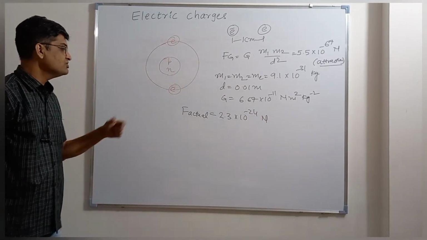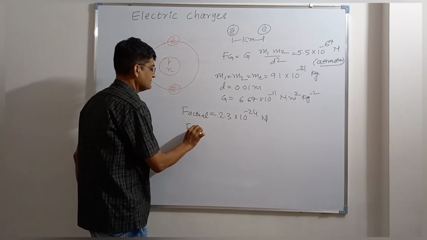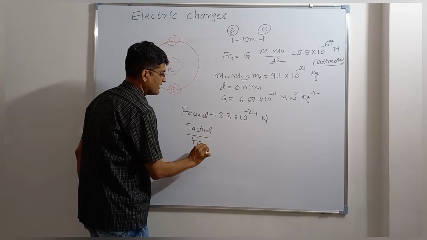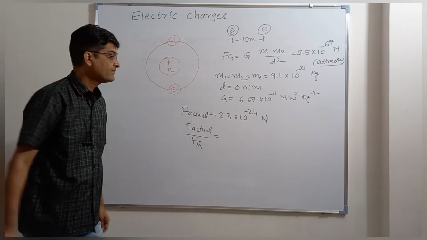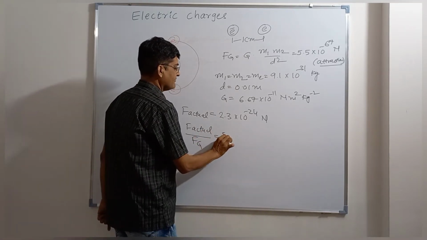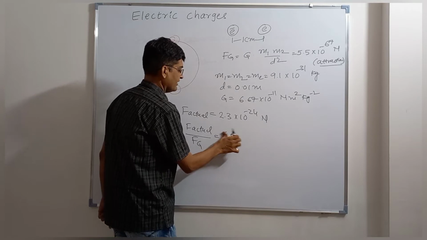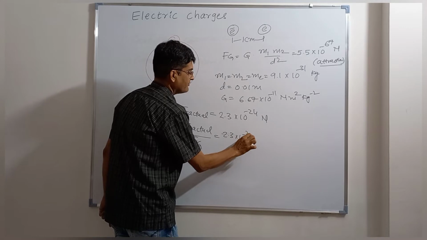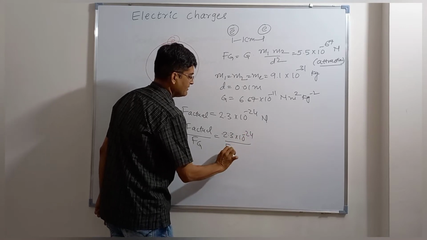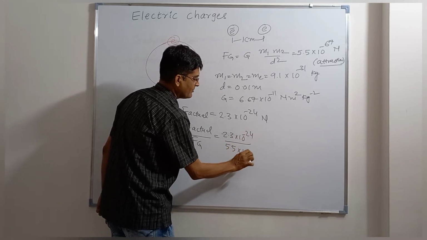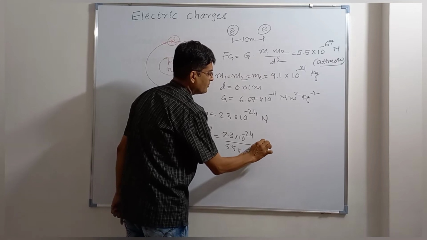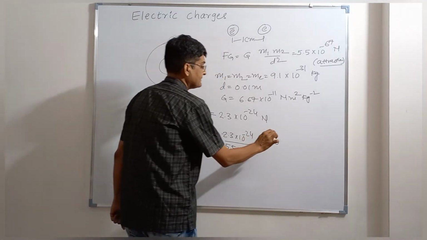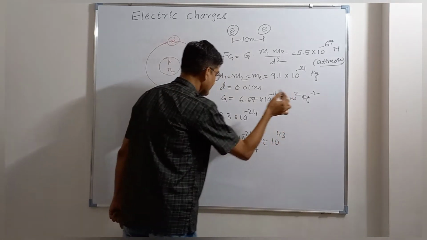So if I take the ratio of the actual force to the force expected because of gravity only, it is 2.3 × 10^-24 divided by 5.5 × 10^-67. This goes in the range of 10^43. What does it mean?